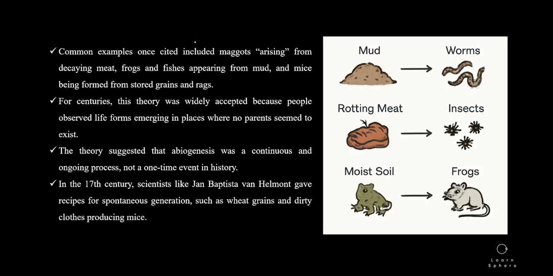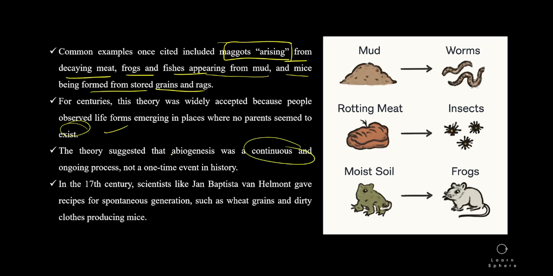The common examples once cited included maggots arising from decaying meat, frogs and fishes appearing from mud, and mice being formed from stored grains and rags. For centuries, this theory was widely accepted because people observed life forms emerging in places where no parent seemed to exist. This theory suggested that abiogenesis was a continuous and ongoing process, which is not true at all.